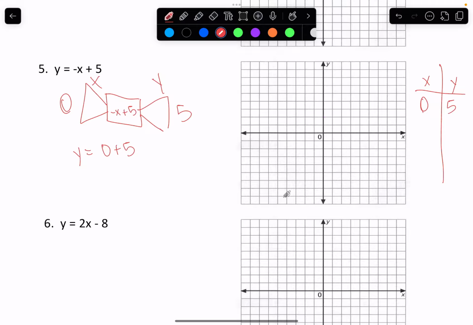Okay. Then if we put something different in for x, let's put in 1 for x, we would get a y of 4.